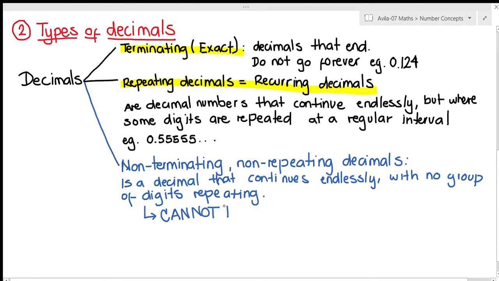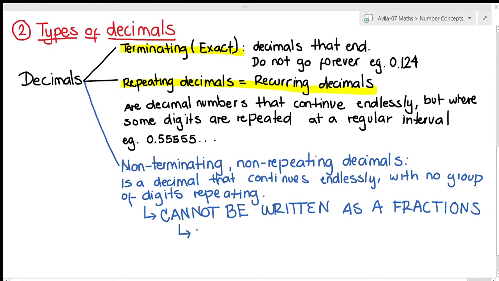And as these non-terminating, non-repeating decimals cannot be written as a fraction, and if you go back to your notes of Wednesday when we talked about the family of decimals, this means that this type of decimal does not belong to the rational numbers.